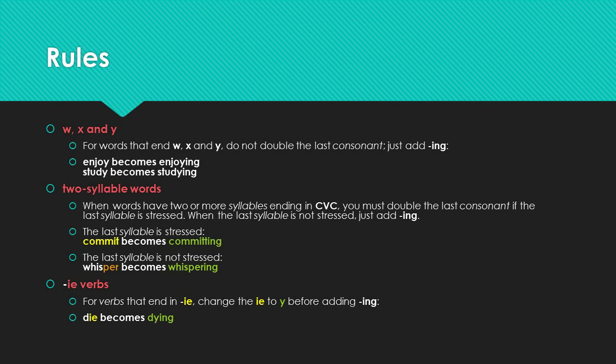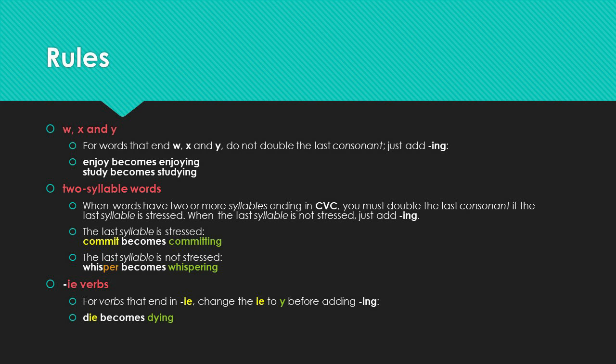It becomes enjoying. Study. It becomes studying, right? So please don't forget it. If the verb ends with W, X, or Y, we just need to add ing. Another example, it can be fix. Now we can say fixing, right?